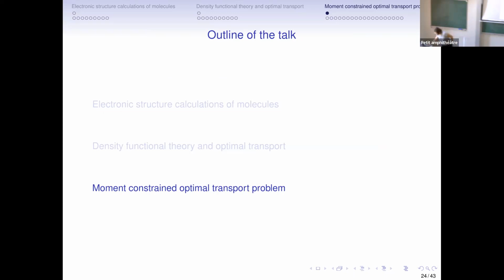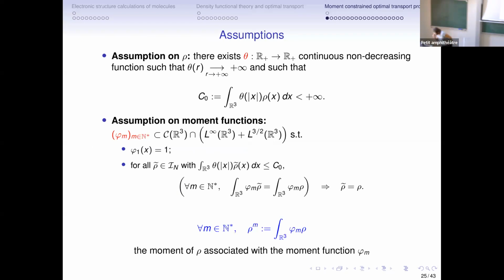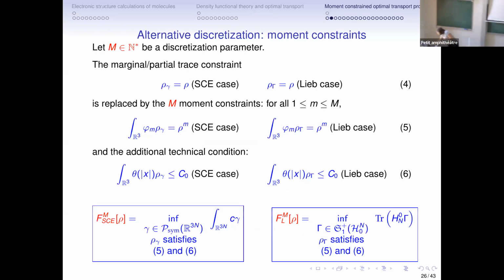Okay. So the idea here is to relax the electronic density constraint, which is an infinite dimensional constraint on these minimization problems, by a finite set of scalar constraints. These electronic density constraints are the ones that I've written in this fourth equation.